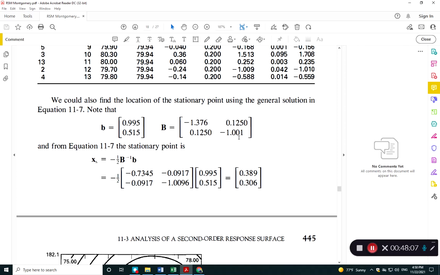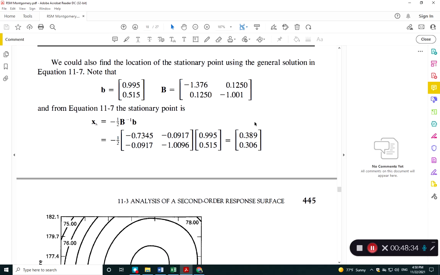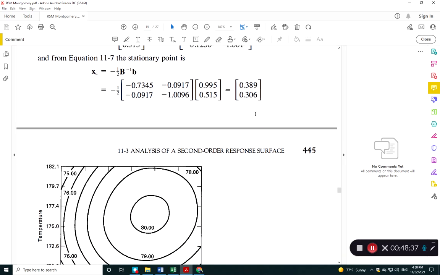Same thing for x2. So just by looking at this, my gut feeling is that, unless it's a saddle point, since the x1 square parameter is negative, this must be a peak. Here must be another peak. So it is probably a peak. And of course, if you have one positive and one negative, then that's a different story.